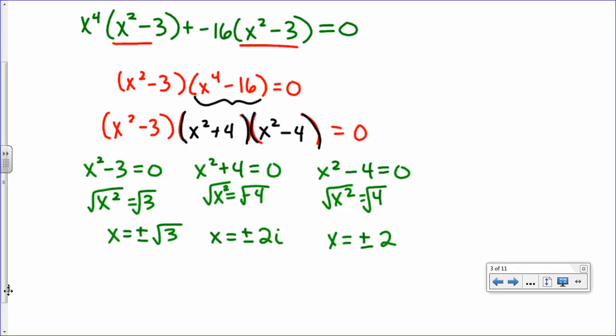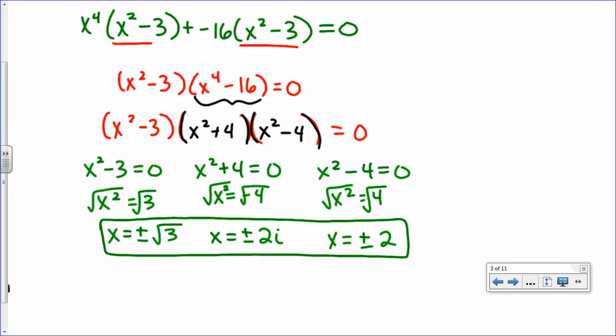Yes. 2 here, 2 here, 2 here. Questions about that?